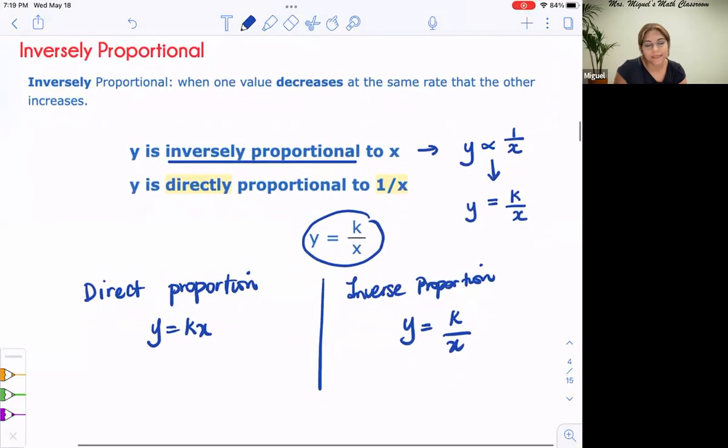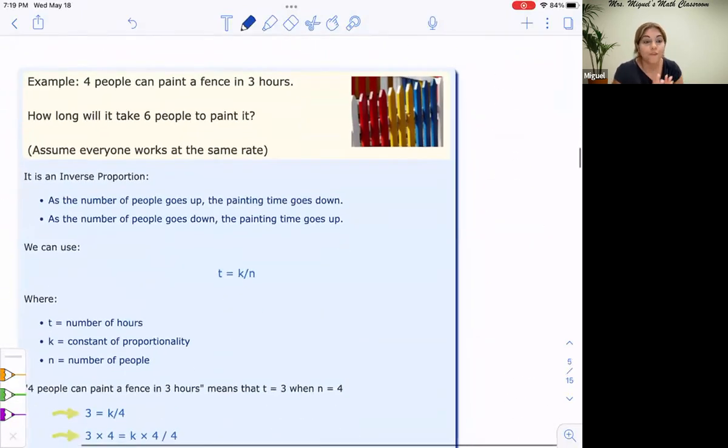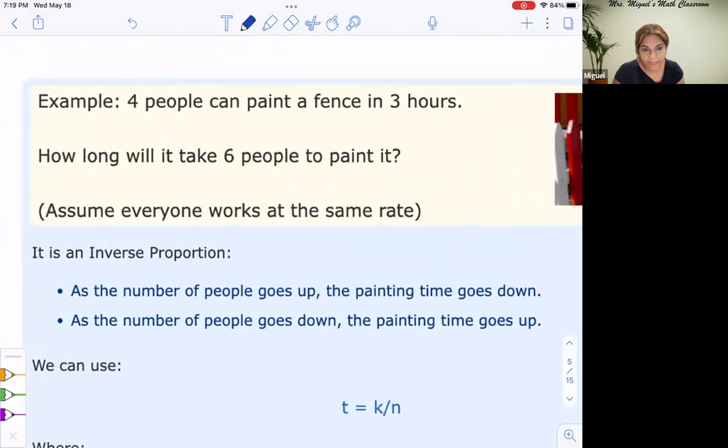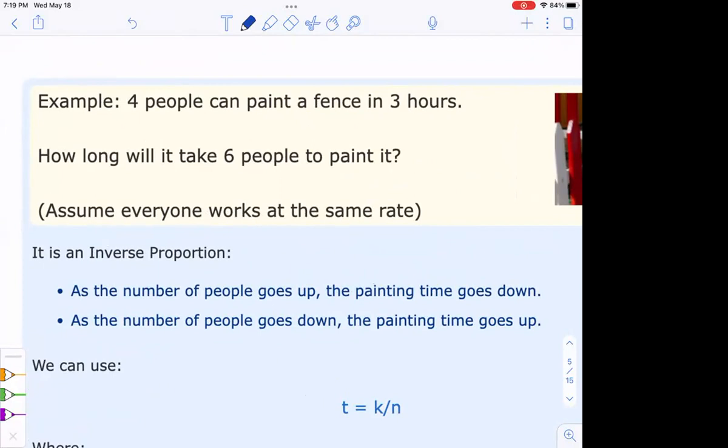So let us see how inversely proportional is connected to mathematics in everyday life. 4 people can paint a fence in 3 hours. How long will it take 6 people to paint it? Would you expect 6 people to take more time or less time? Less.